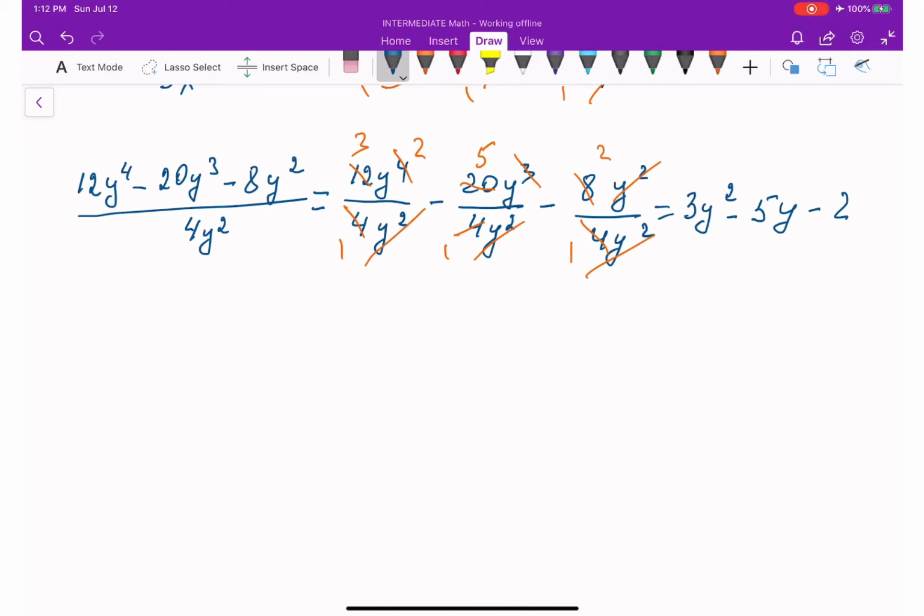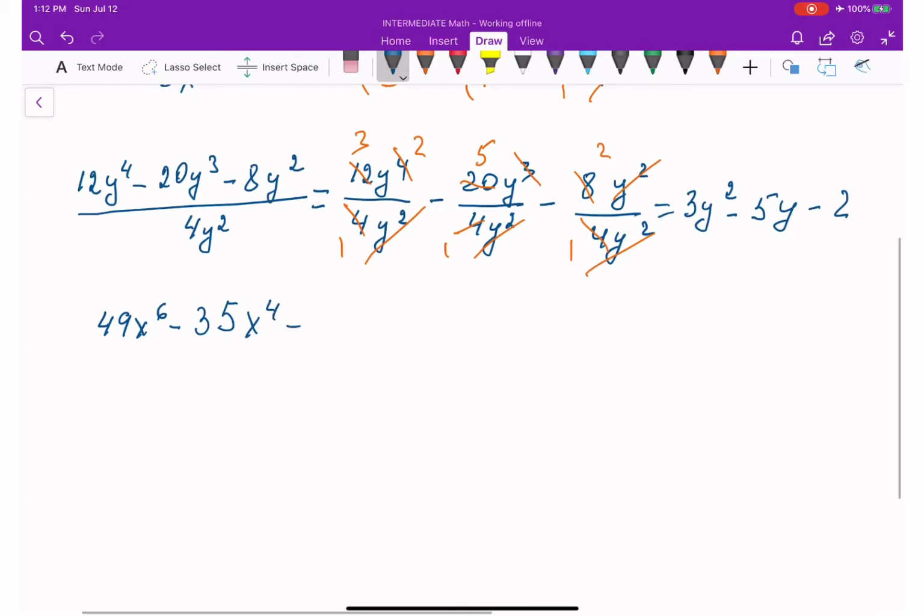Let me see. 49x to 6 minus 35x to 4 plus 28x to 3, and all this we divide, this time in this format, by 7x cubed.